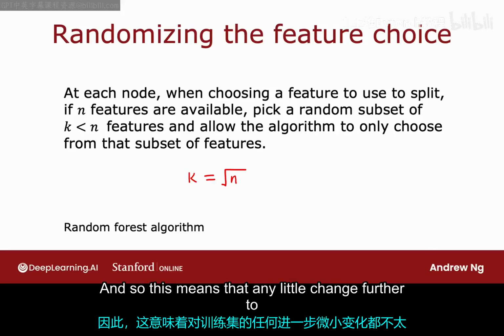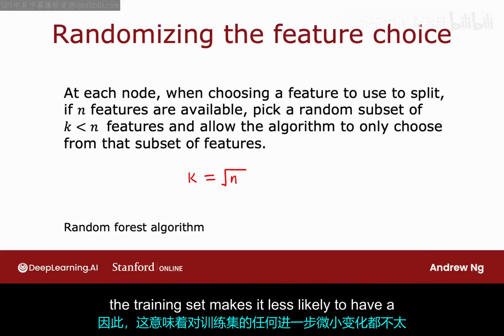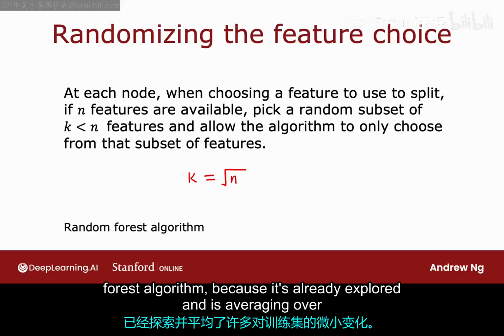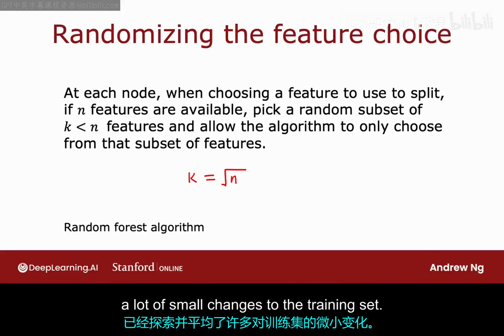And so this means that any little change further to the training set makes it less likely to have a huge impact on the overall output of the overall random forest algorithm, because it's already explored and is averaging over a lot of small changes to the training set.